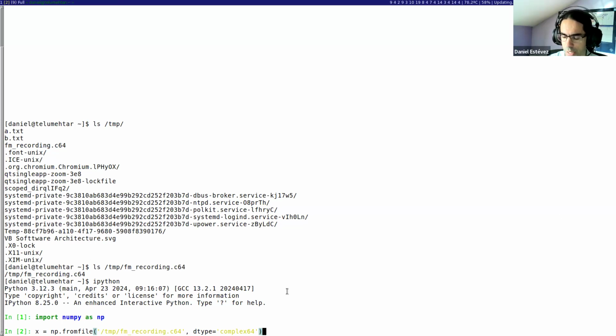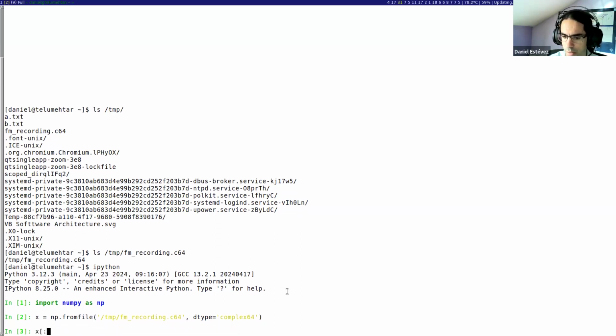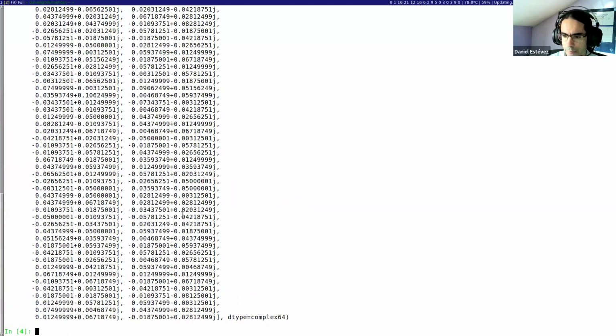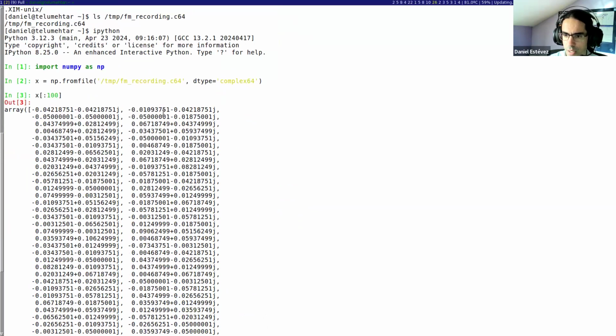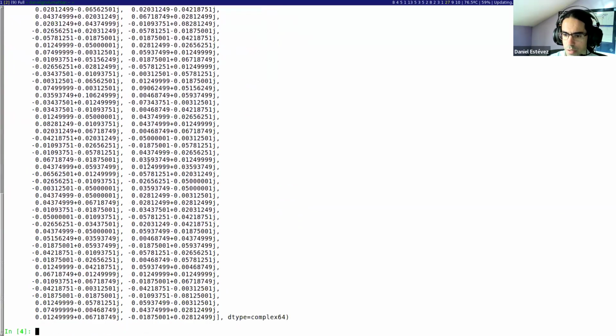This is the way you get your data into Python, and you can do something like show me the first 100 complex samples, and you can see these are all complex numbers.